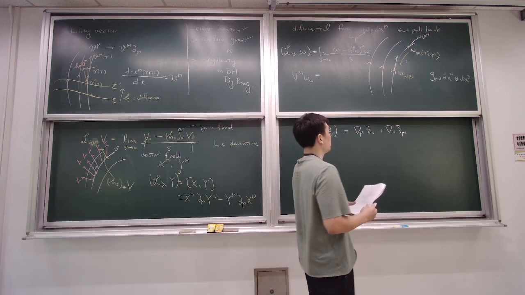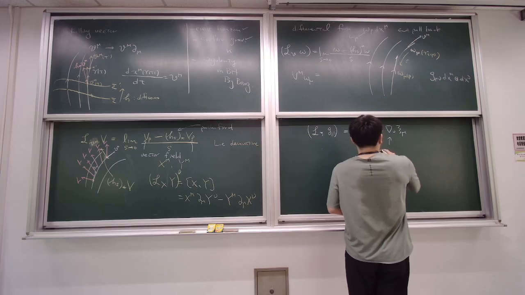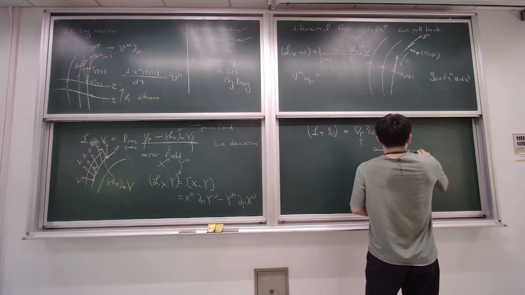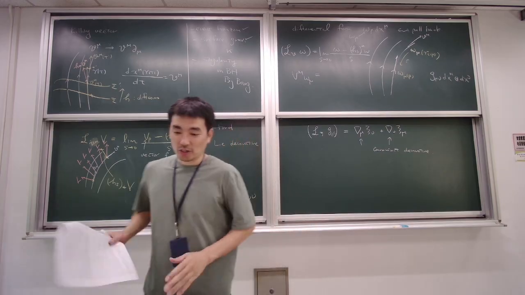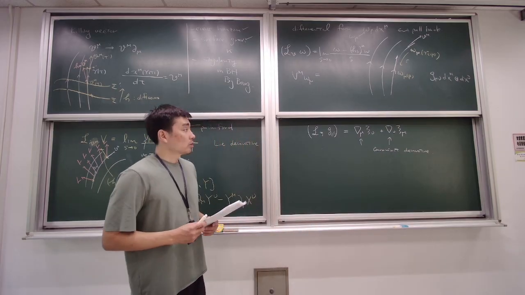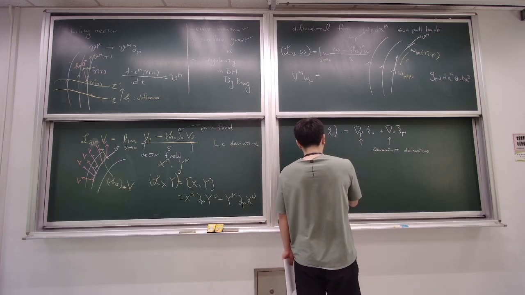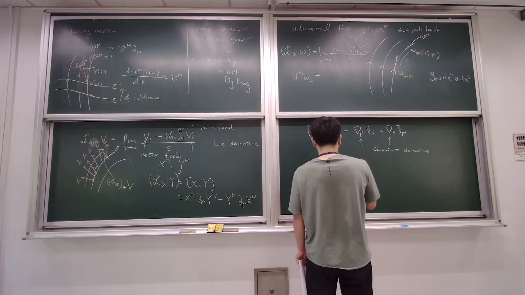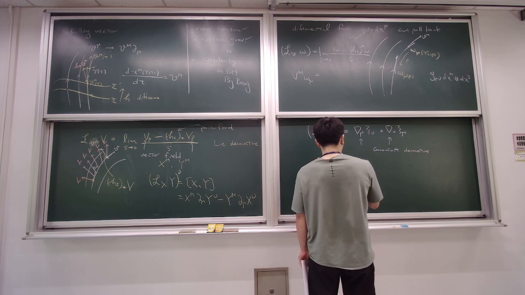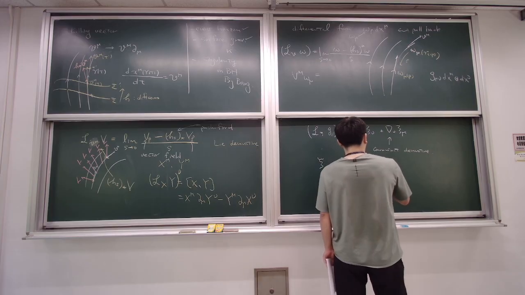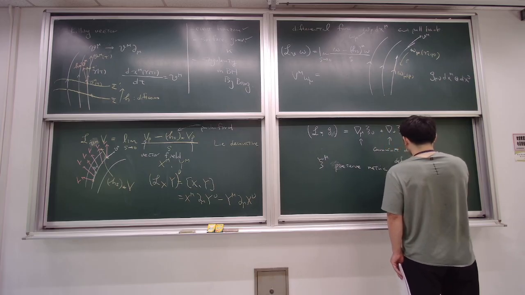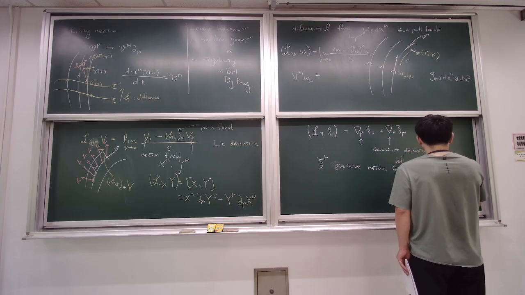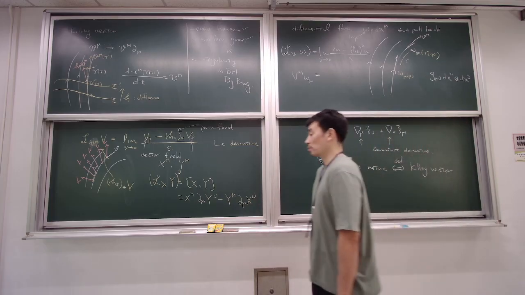If C satisfies the condition that it preserves the metric, then by definition it is called a Killing vector.